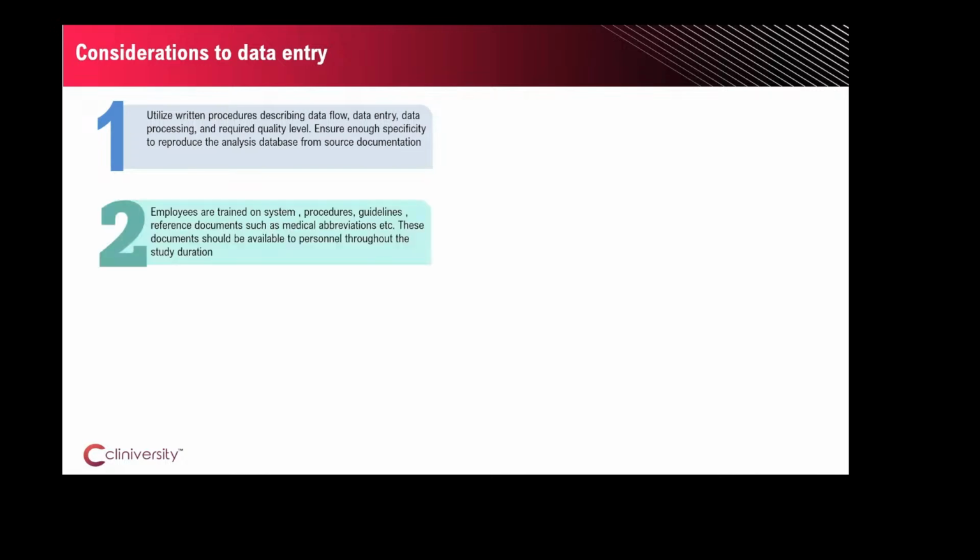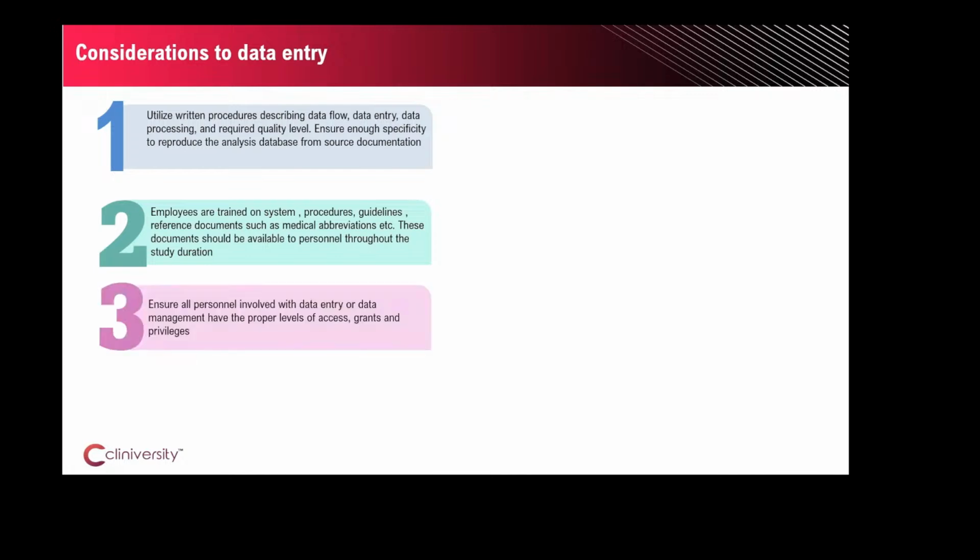Employees are trained on working on systems, procedures, guidelines, reference documents like medical abbreviations so as to minimize any data entry errors. These documents should also be available to the personnel until the study closes out.